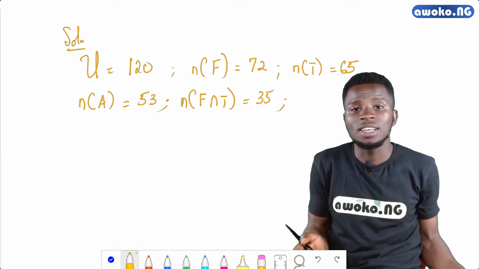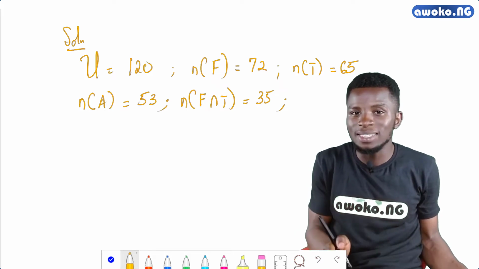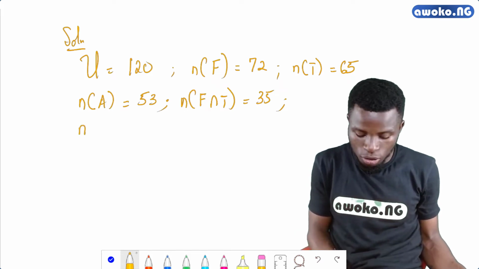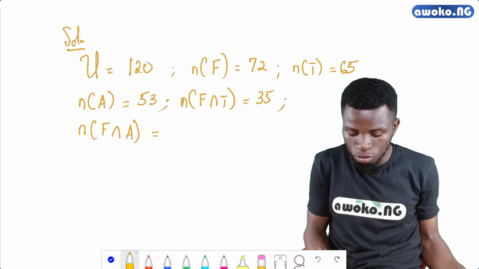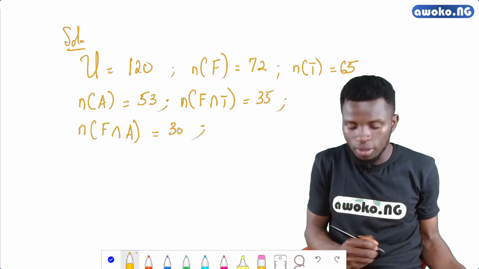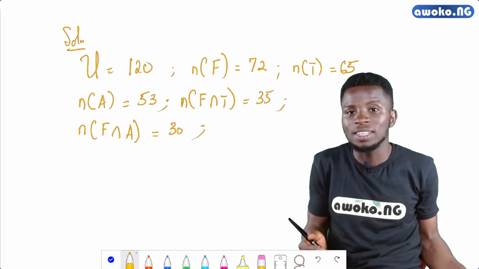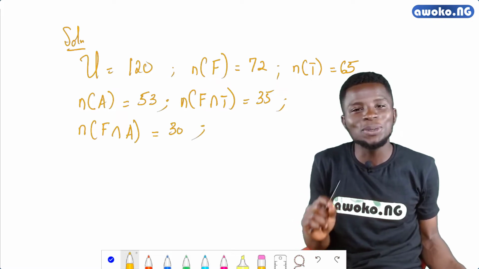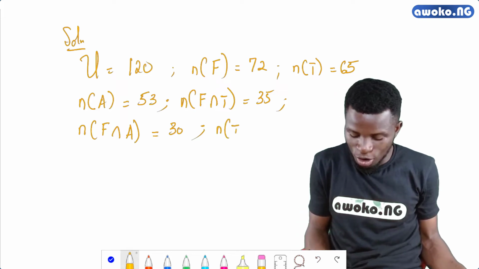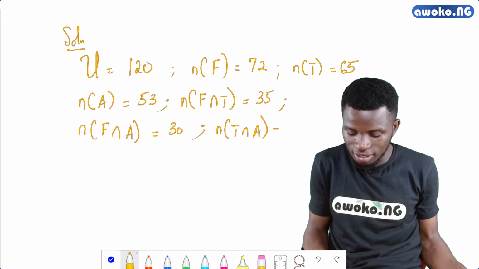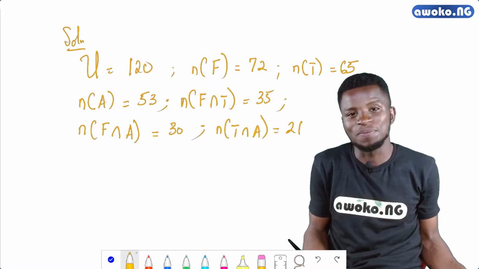We also have that 30 banked with both First and Access Bank, so n(F ∩ A) is equal to 30. And we're told that 21 banked with both Trust and Access Bank, so n(T ∩ A) is 21.